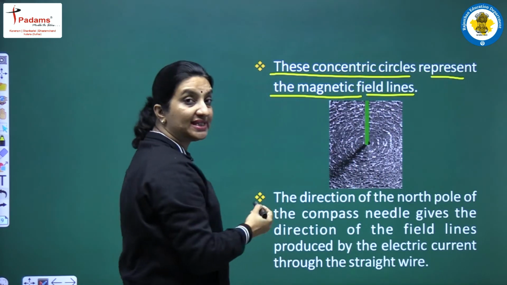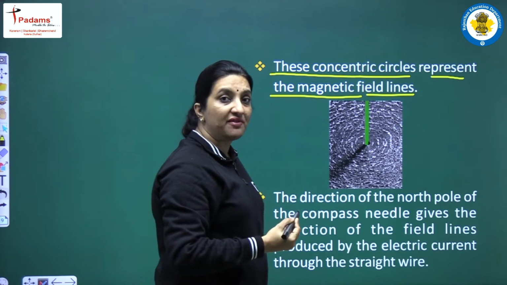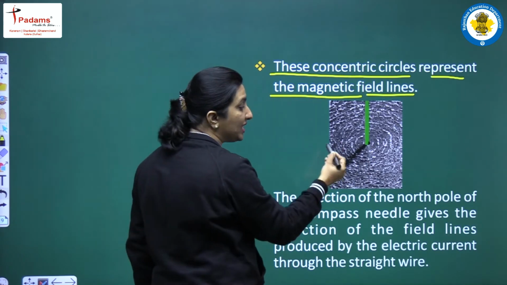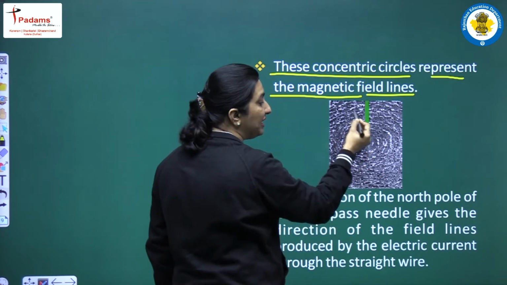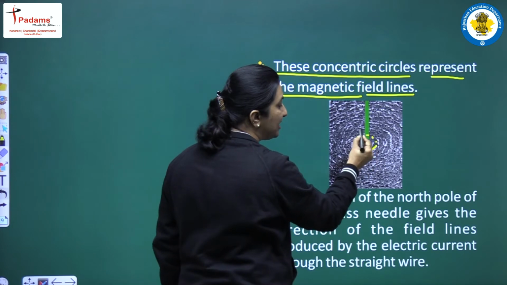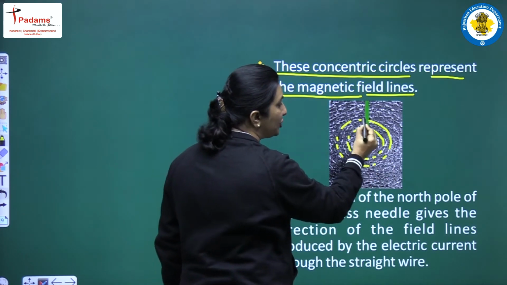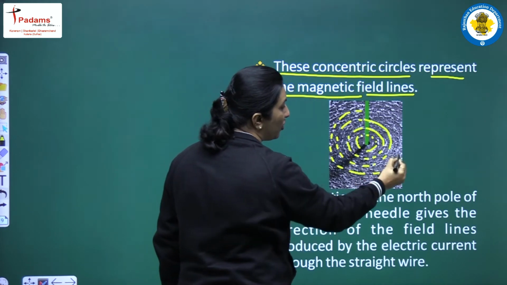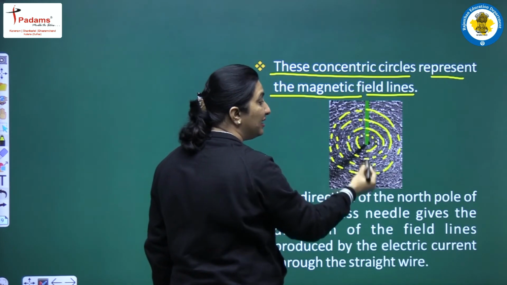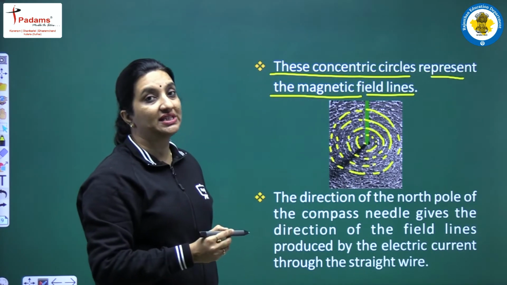Now here, students, you can see the green colored wire, which is the copper wire we have taken in our experiment, and you can see that the iron filings have arranged themselves in concentric circles. You can see this circle, students. A pattern of concentric circles is shown, and the copper wire is passing through the center of these concentric circles.